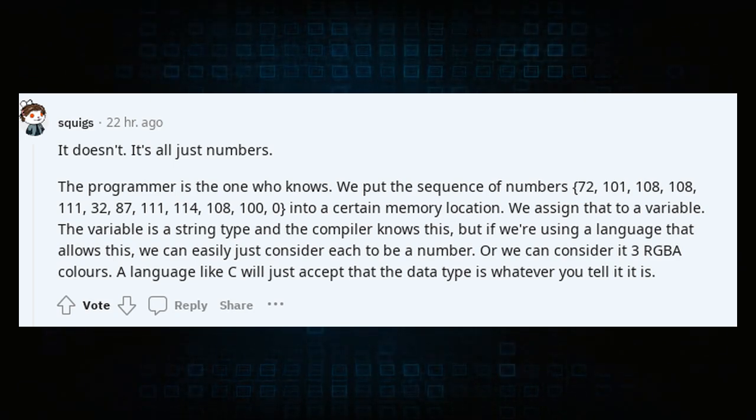We assign that to a variable. The variable is a string type and the compiler knows this. But if we're using a language that allows this, we can easily just consider each to be a number. Or we can consider it 3 RGBA colors. A language like C will just accept that the data type is whatever you tell it it is.